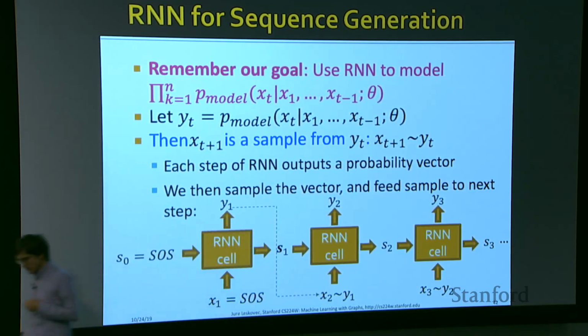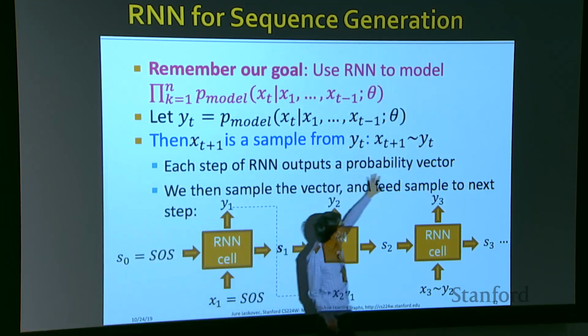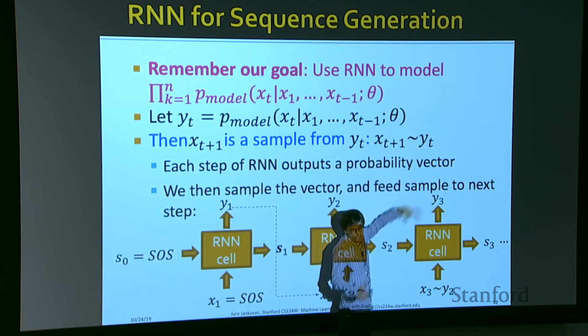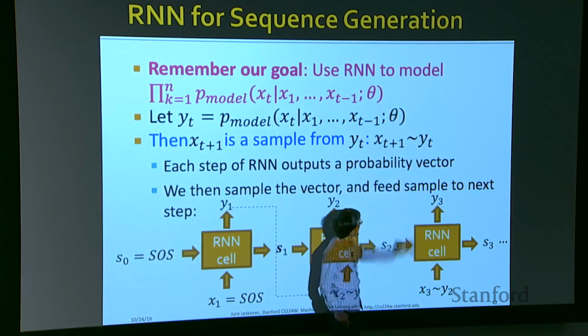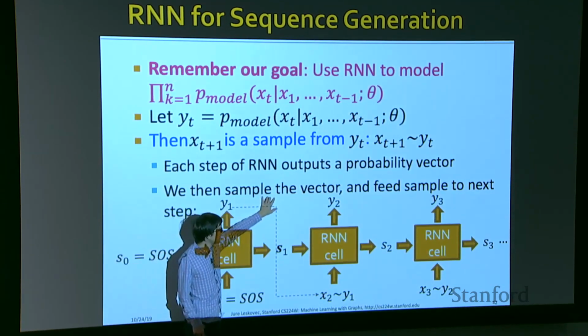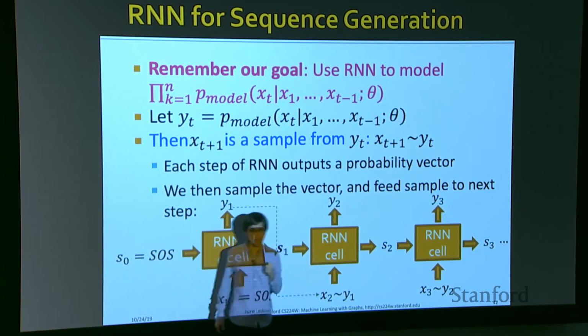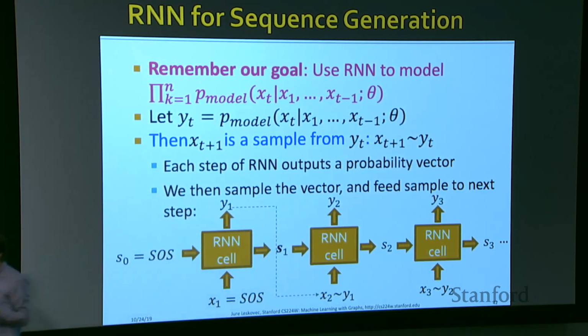So what this means is that at each step, the RNN will output some probability. We will then sample from that probability, and then feed the sample into the next step. This is how we will get randomness.